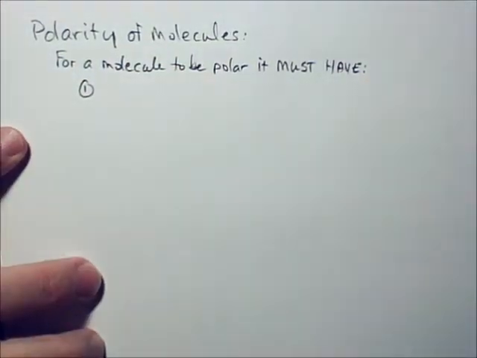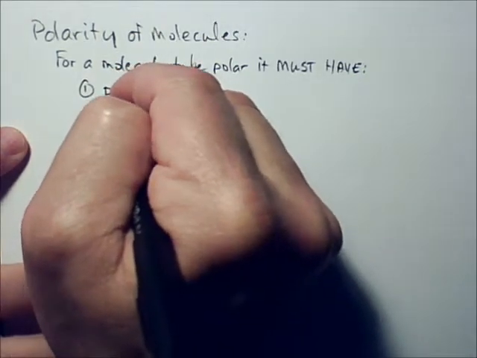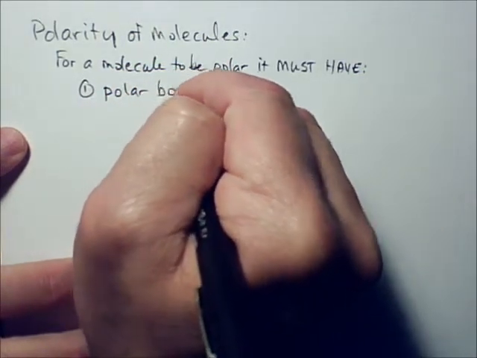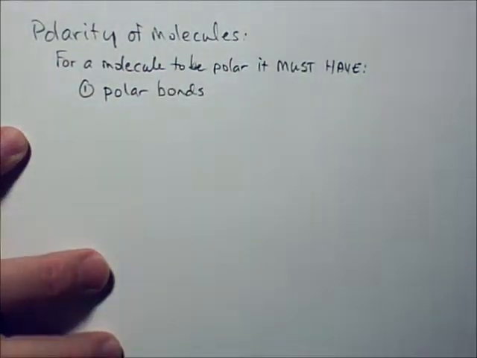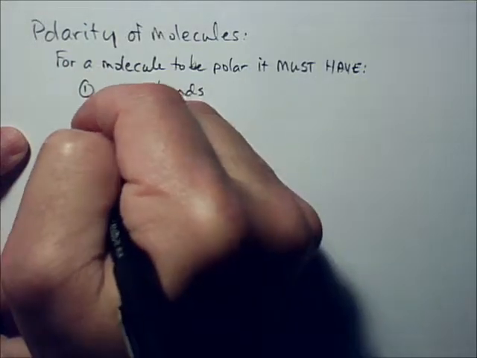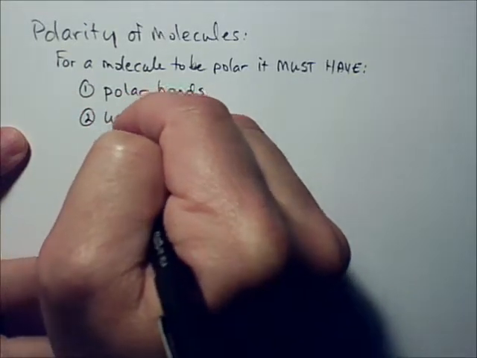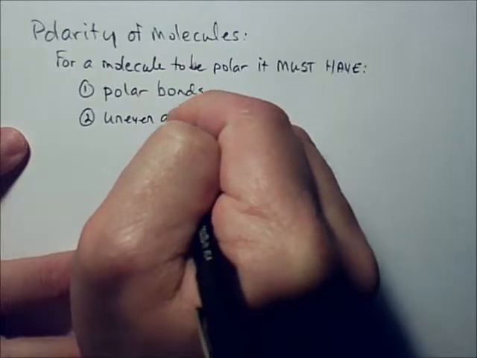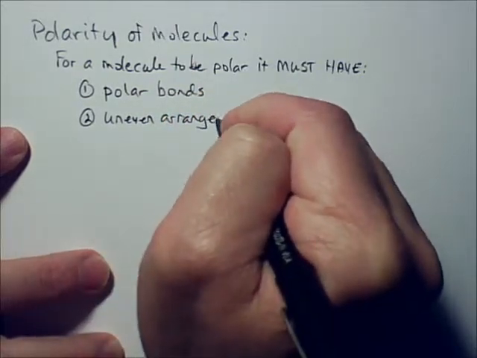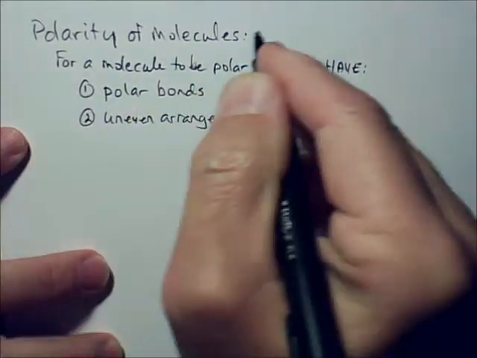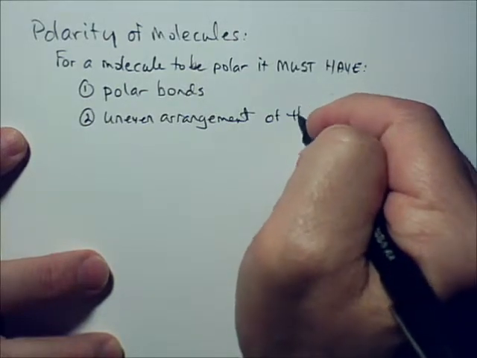One, it must have polar bonds. Two, it must have an uneven arrangement of those bonds.